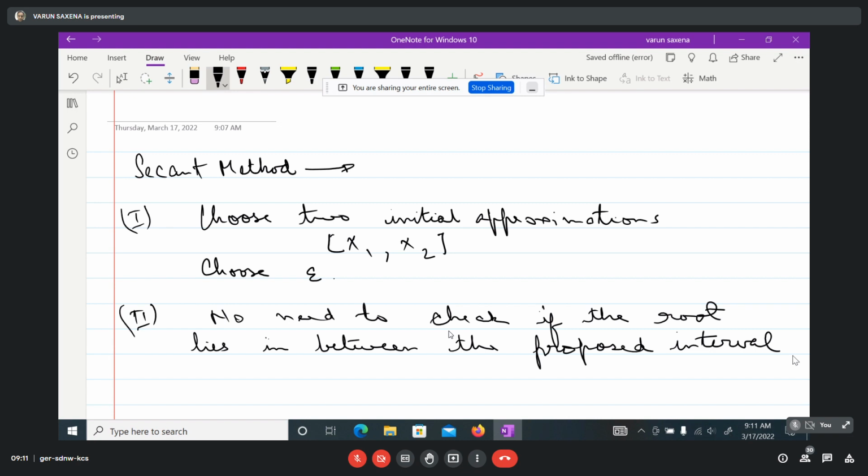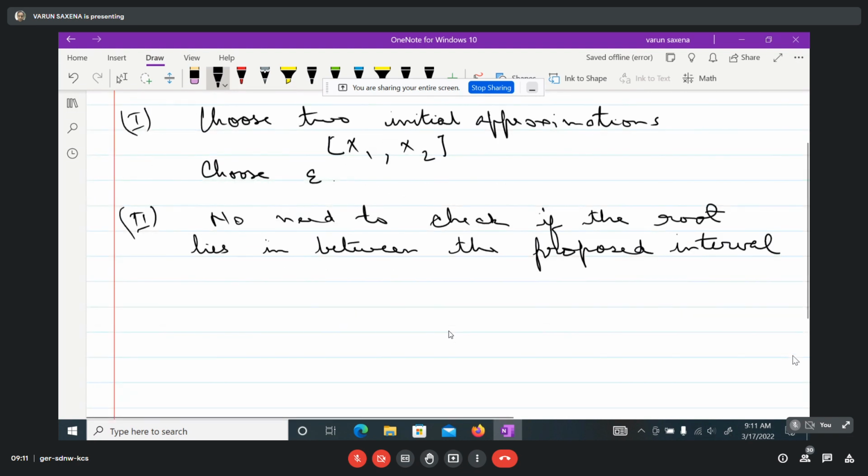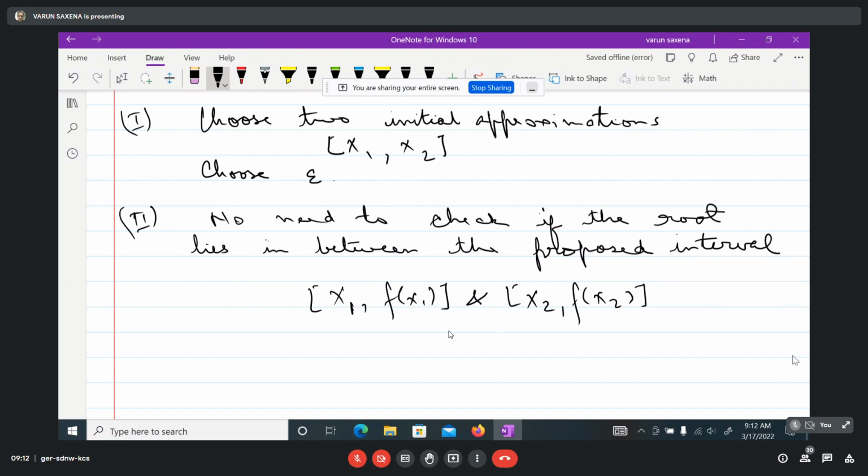So now you have two points, which will be x1 and f(x1), and x2 and f(x2). Then the third point: using linear interpolation you find x3.